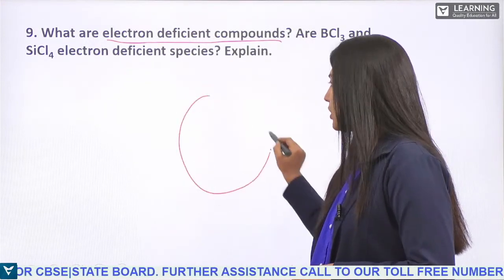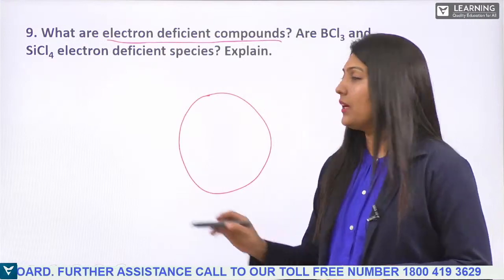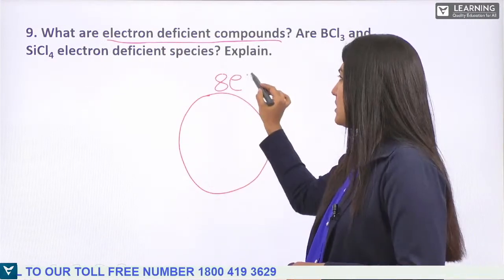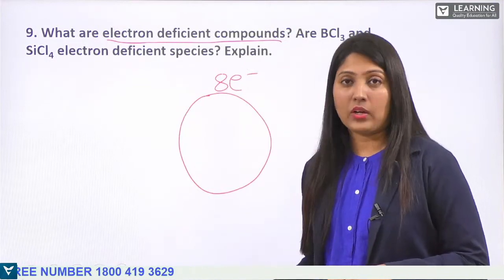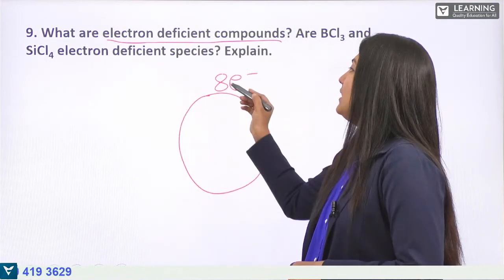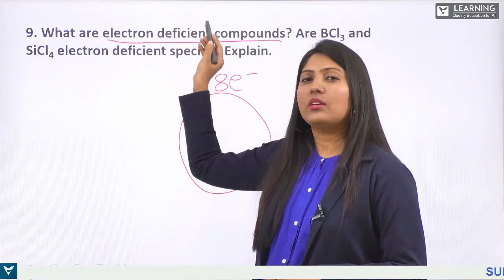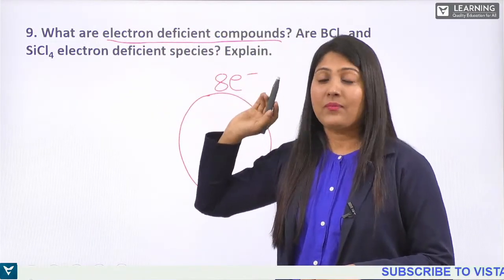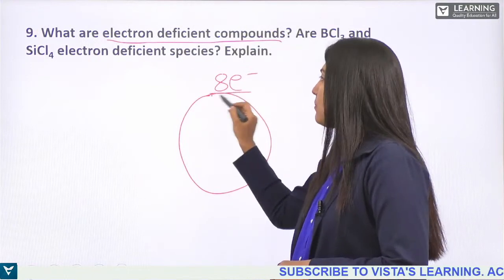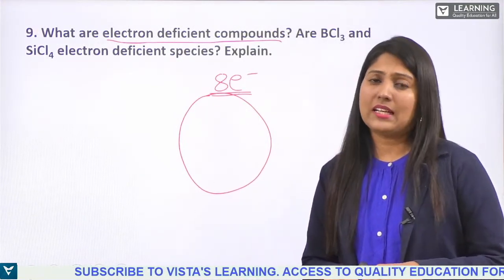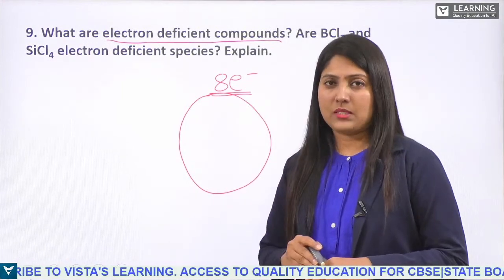For the outermost orbit of the central atom, they should have 8 electrons after bonding. If they have fewer than 8 electrons, we call them electron deficient compounds. If they have the same number, 8 electrons in the outermost shell, we call them electron precise compounds.